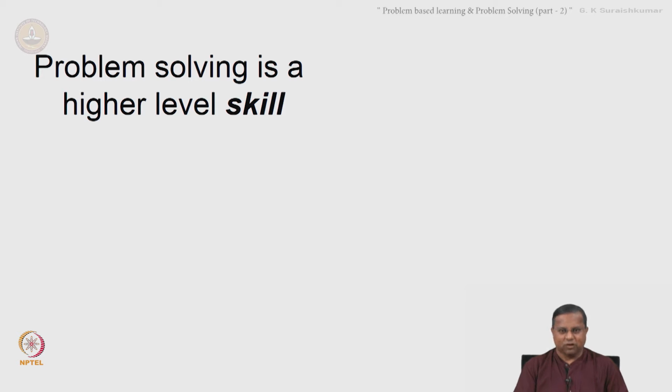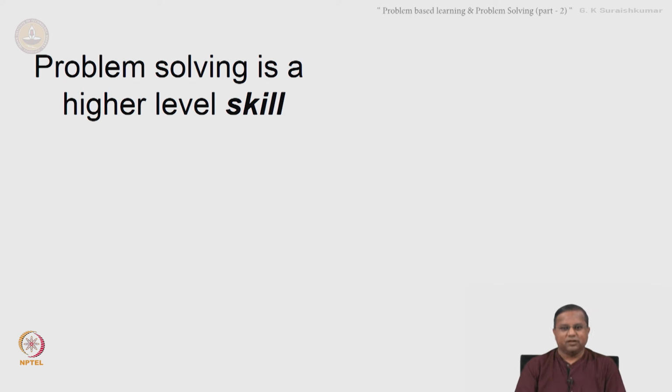Similarly, Bloom's taxonomy is a taxonomy. It is a system by which you categorize things, and then it becomes easier from an understanding perspective to address challenges. So, coming back to this, the higher level skill, if you recall Bloom's taxonomy, it is recall, understand, apply, analyze, evaluate and create or design.